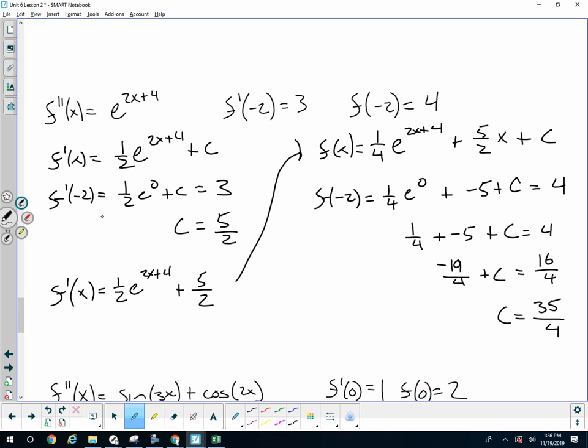A little bit of fraction work, a little bit of arithmetic never hurt nobody.